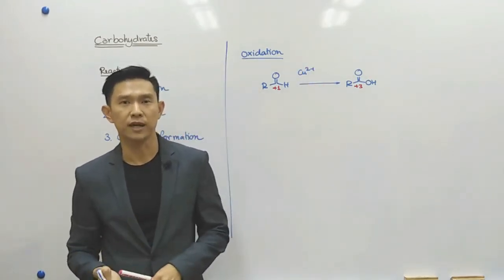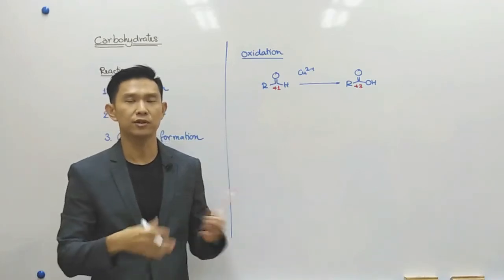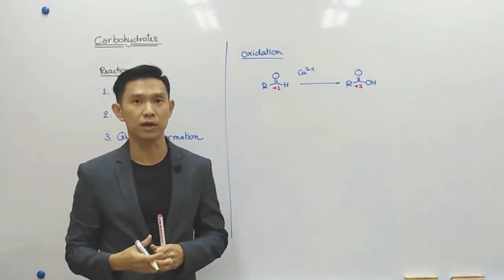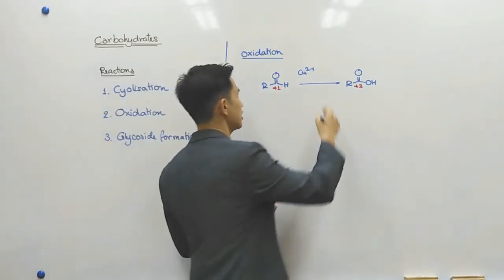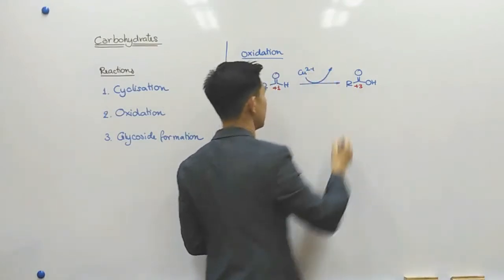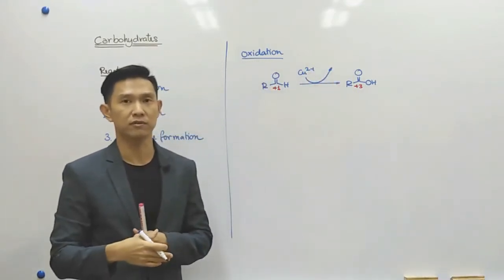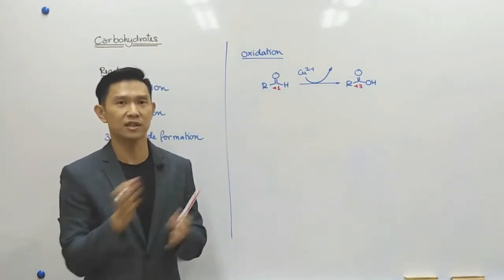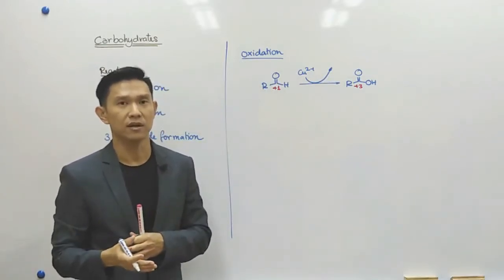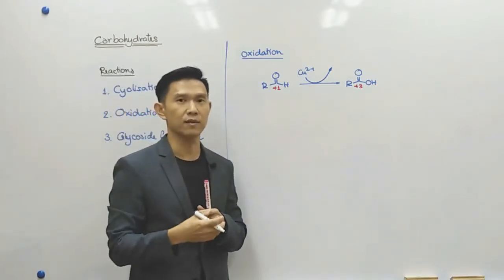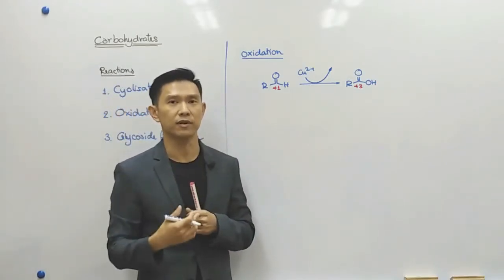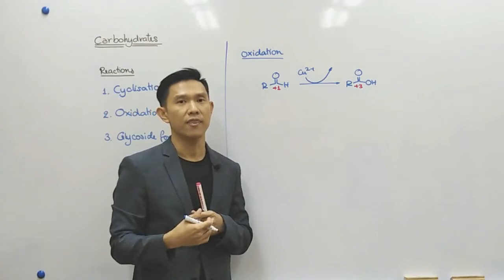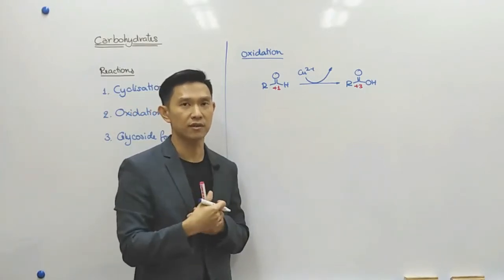Copper-2 sulfate, for example, is in aqueous solution in blue color. After oxidation, your copper is reduced, right? Because the oxidation and reduction process happens together. If one of the chemicals takes electrons from someone else, that means you oxidize that thing, right?